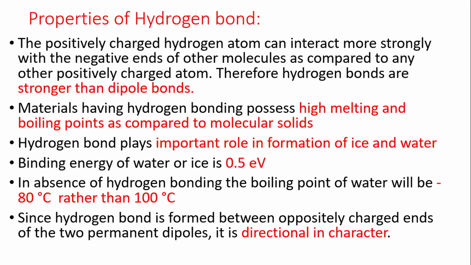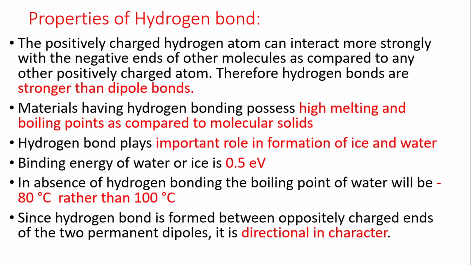Since the hydrogen bond is formed between oppositely charged ends of two permanent dipoles, of course it is directional in nature. Let us look at this figure. You will find the directionality: here is a water molecule and these are the two hydrogen atoms.